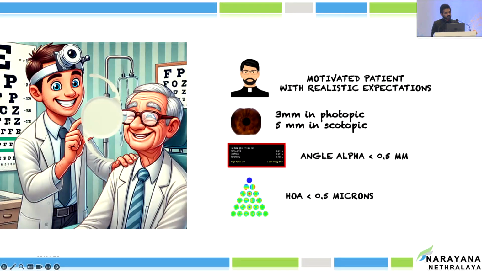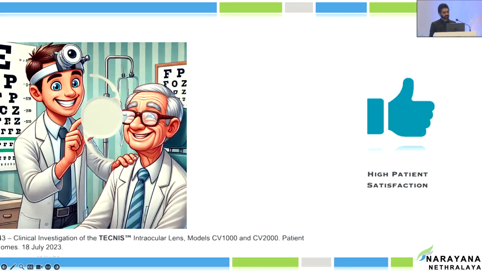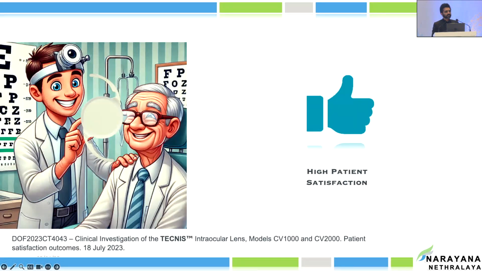Plus, you don't need to look at parameters like pupil size and high order aberrations. All these things you don't need to look at. So it's a very easy lens. You can actually start off today itself. If you're implanting a monofocal, this is something you can easily change over to, and it's a very forgiving lens, and believe me, patients are always happy.